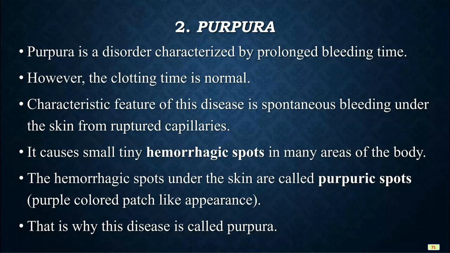Purpura is a disorder characterized by prolonged bleeding time. However, the clotting time is normal. Bleeding time will be more. While using coagulant drugs, we need to be careful, because the cascade of events does not permit us to use any type of non-specific drug.